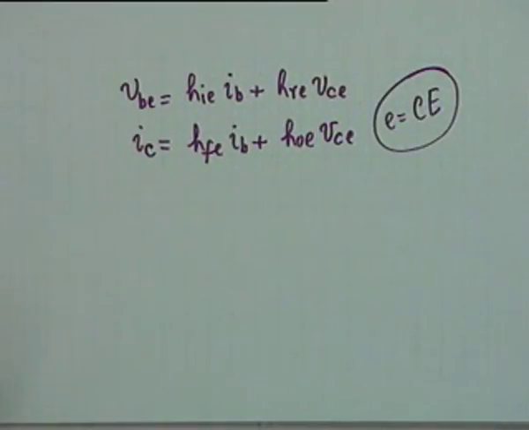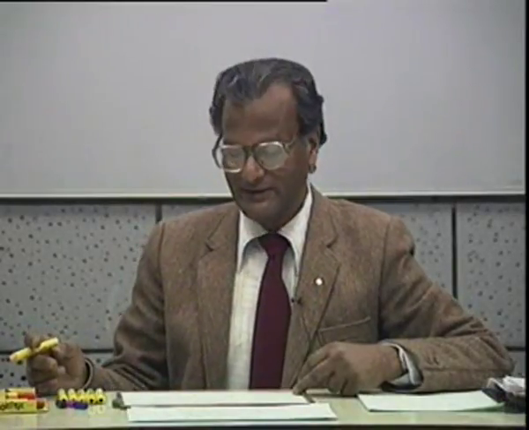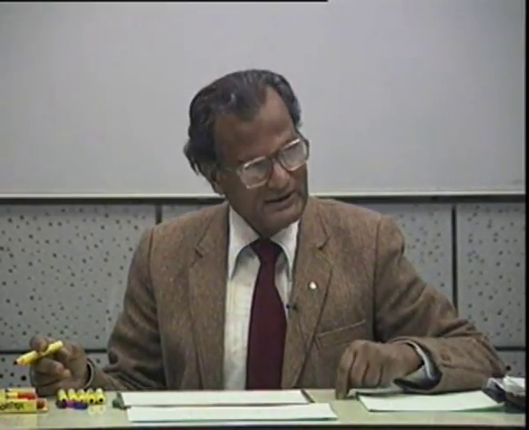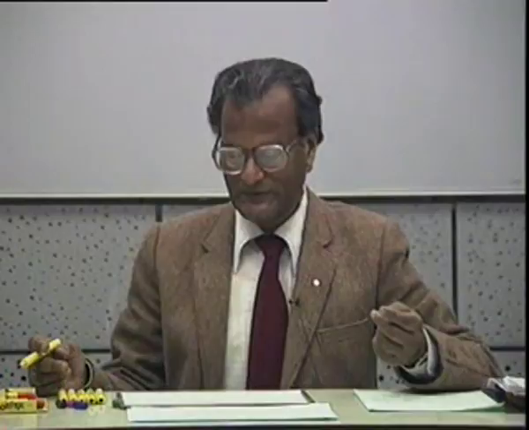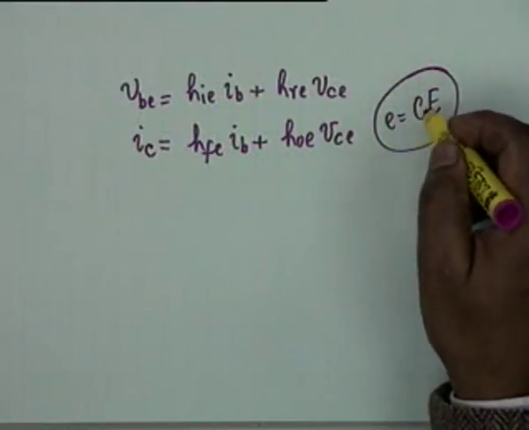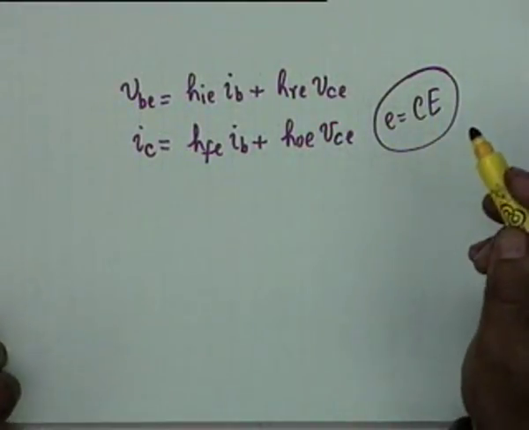If it is a common base, then we shall replace them by small b. If it is a common collector, then we shall replace the second subscript by small c. Is the point clear? We shall mostly consider the common emitter parameters, okay, because the common emitter is the easiest to measure and to handle in design and analysis, okay. So this second E stands for common emitter.